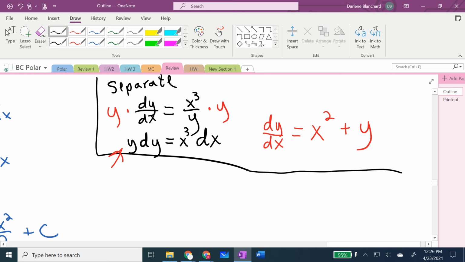They will just ask you to do a whole bunch of other things to it. Most likely, you're going to have an Euler method involved. You might have a slope field involved. They're just going to ask you other questions, but you would not be asked to solve. There is an occasional differential equation problem where you don't actually do the separate and solve.